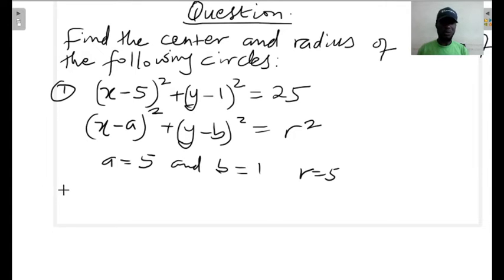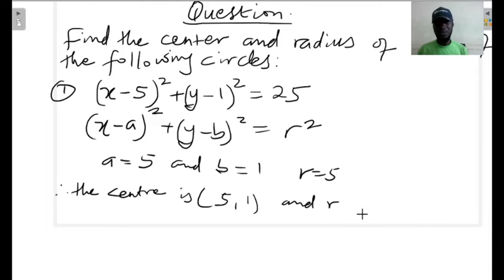So that means we conclude that therefore the center is (5, 1) and radius equals 5 units. We can take another example, and this one I would like you to pause the video and work it out.